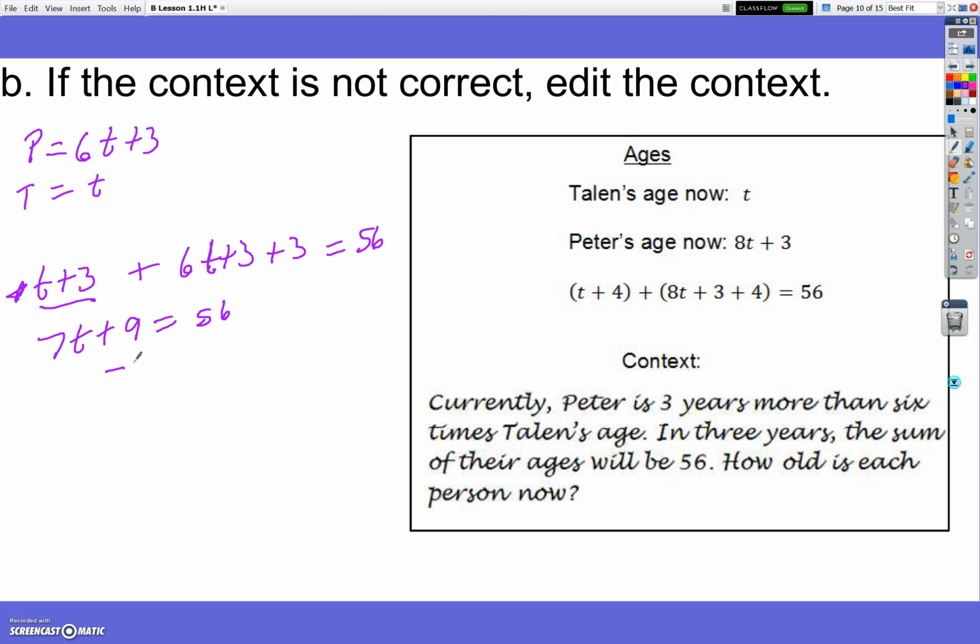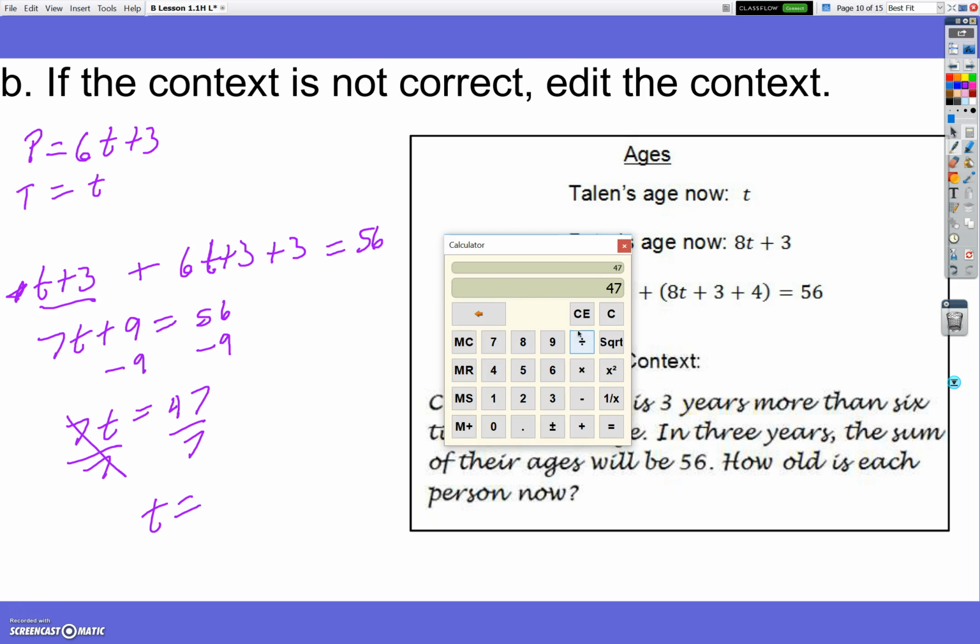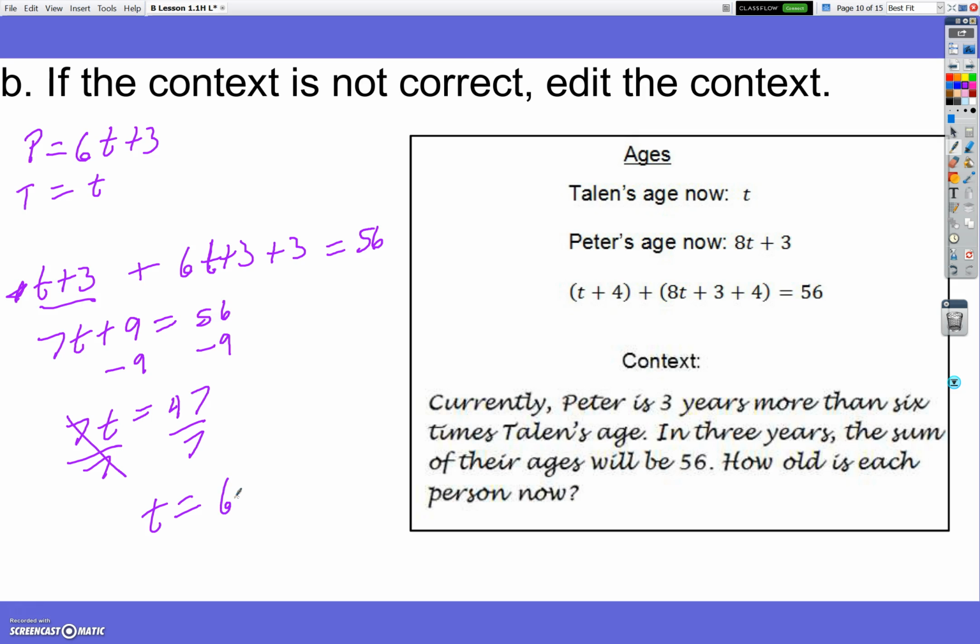When I subtract both sides by 9, I'm going to get 7t is equal to 47. And then when I divide both sides by 7, we're going to get t equals, let's see, 47 divided by 7 equals 6.7 years old.